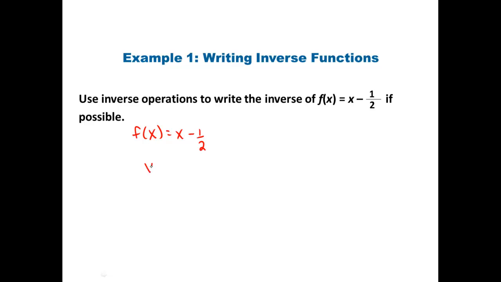The first step is to change the f of x to a y. Now in order to write the inverse, the x and the y values, the input and output, have to switch. So we switch the x and y. And then our last step, solve for y. So we're going to add 1/2 to both sides.